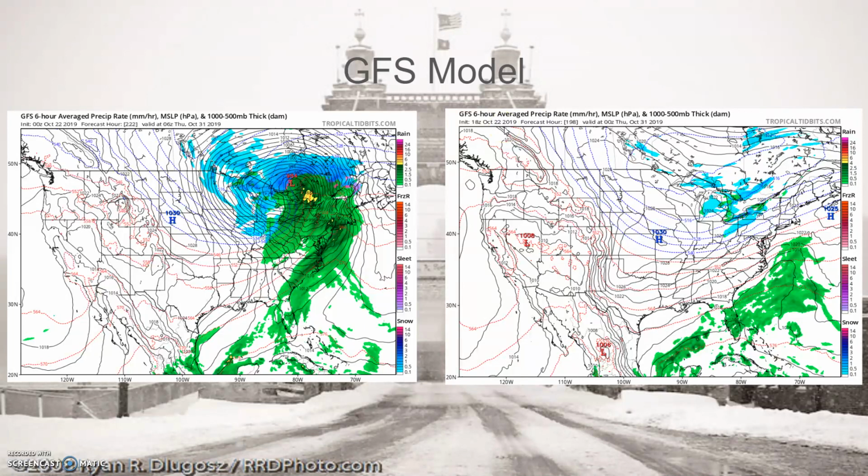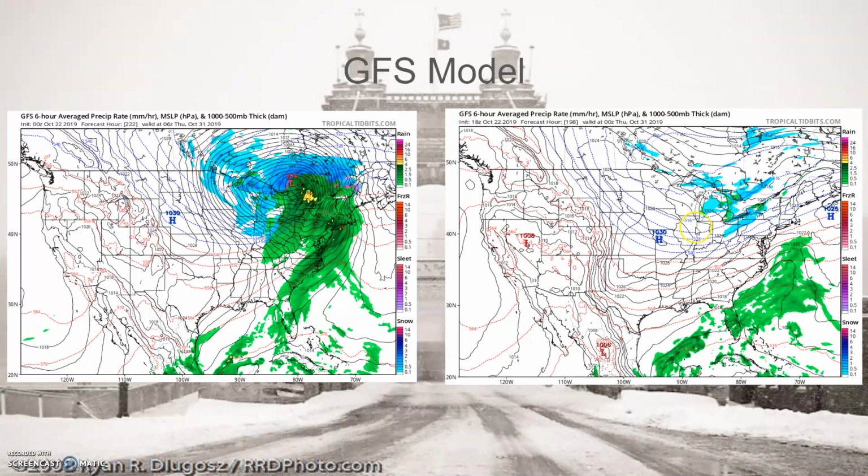And as you can see, these are basically total opposites. On this early run, you had a large cyclonic system over Ontario, which pulled down some cold air and resulted in some snow for the Big West.